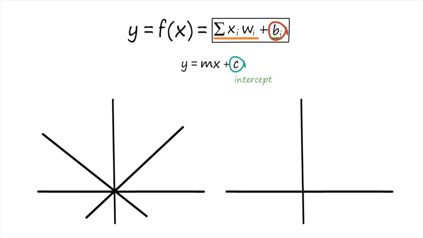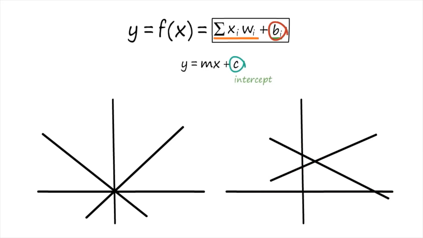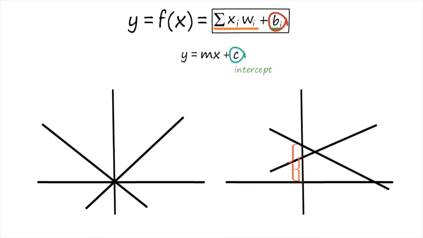We get a line with some intercept like this. So what is the c factor? The c factor is the intercept. So this is the equation for y equals mx, and this is the equation for y equals mx plus c. Now, how this intercept helps us understand bias is an important thing.